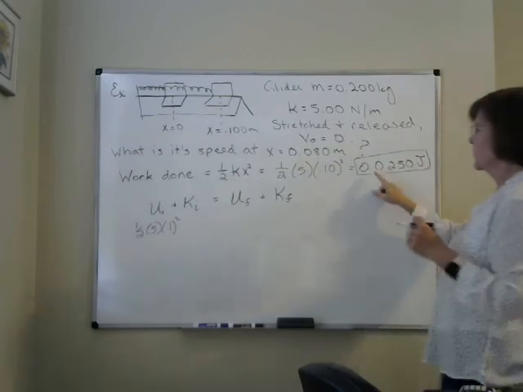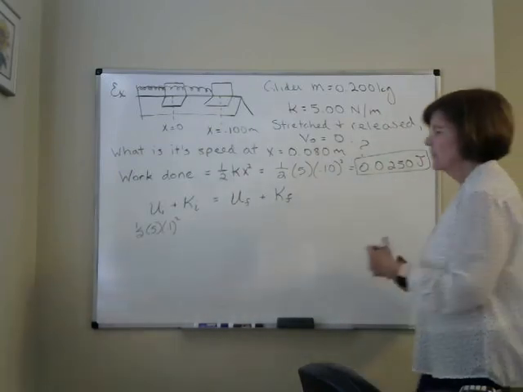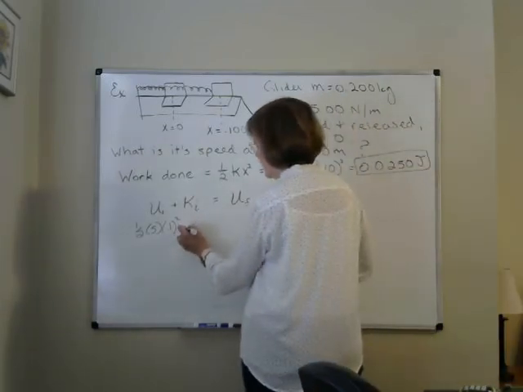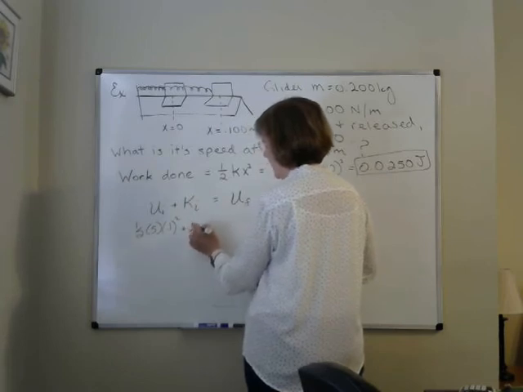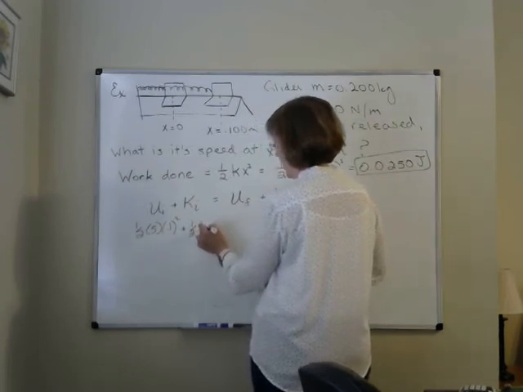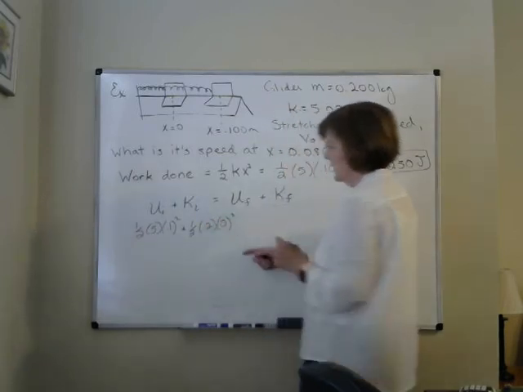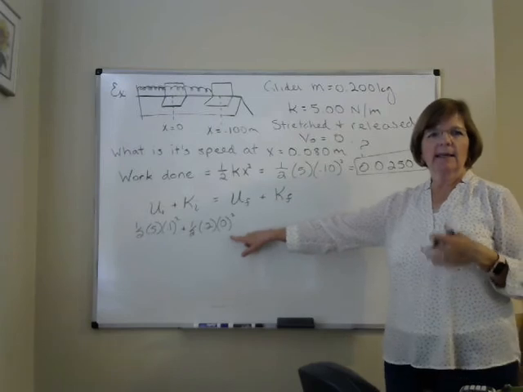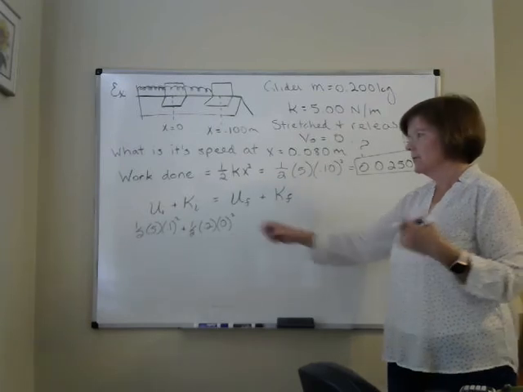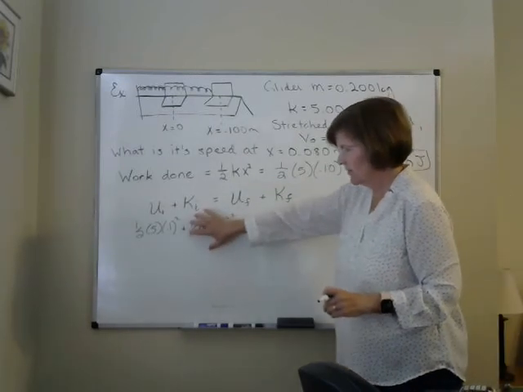It's going to be this 0.0250 joules, plus a kinetic energy 1/2 mv squared, but v was 0. Initially, the speed's 0. So this is actually just going to be 0.